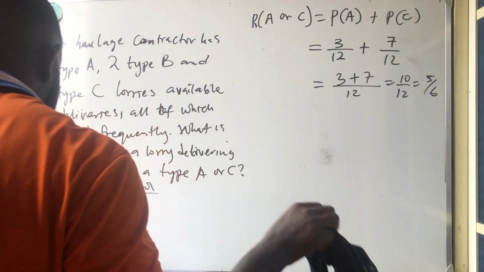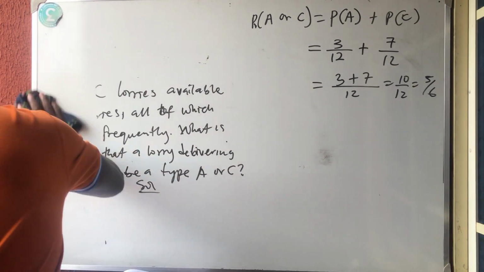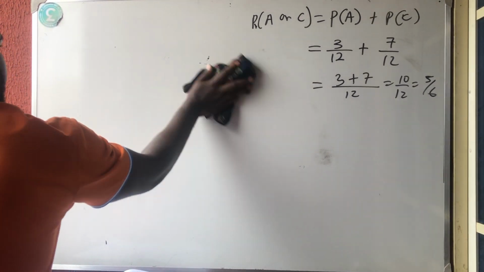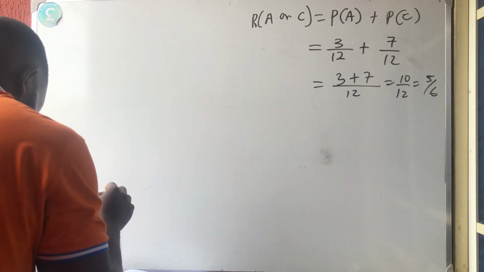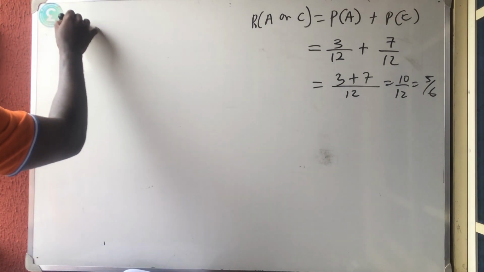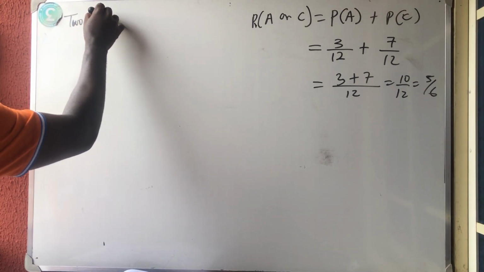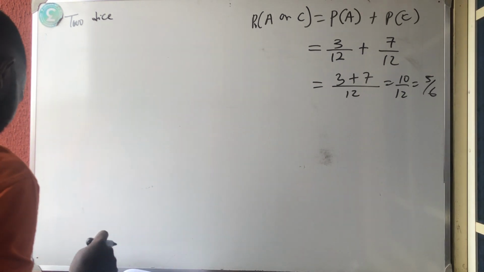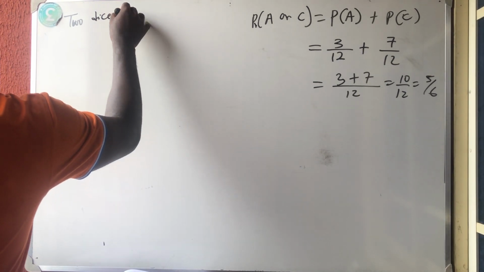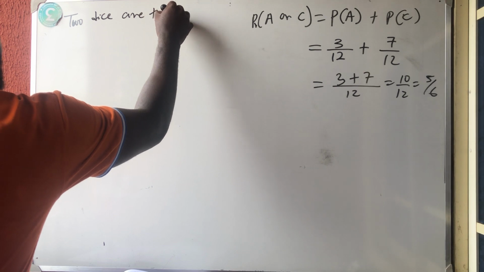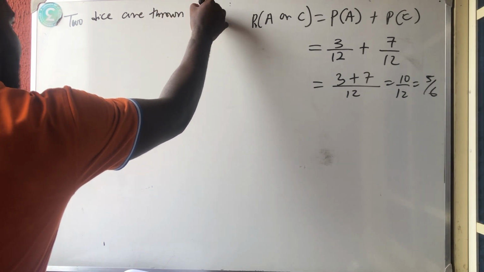Okay. Number 2. 2 dice are thrown at the same time.